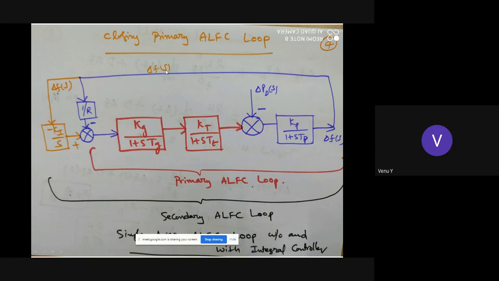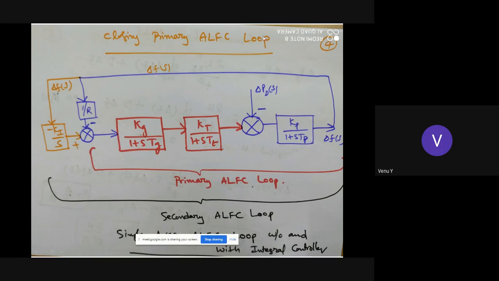That delta F is taken here and passed through 1 by R. R is the regulation or droop. So here you will get the negative sign. This is the primary ALFC loop, in which the speed governing system is acting and controlling the speed according to load variations.